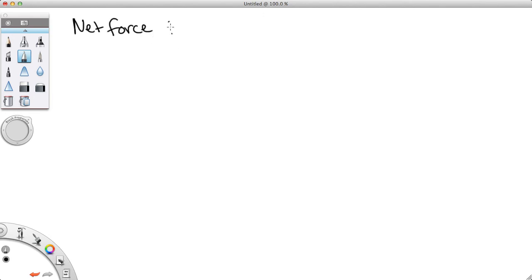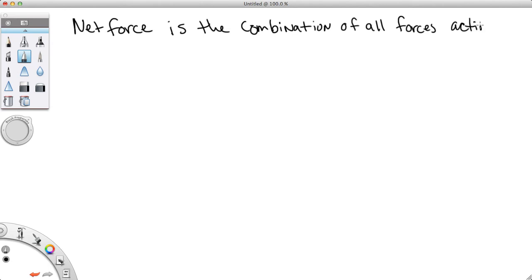It is the combination of all forces acting on an object.